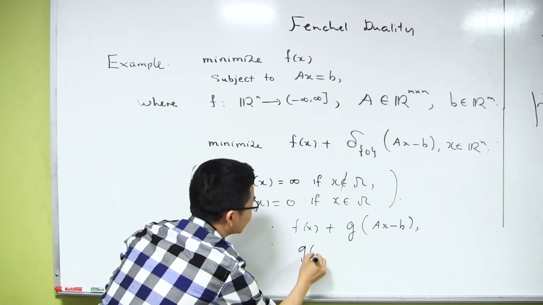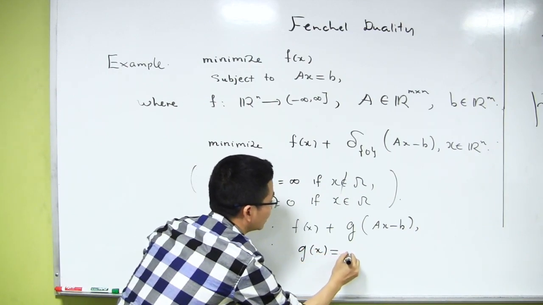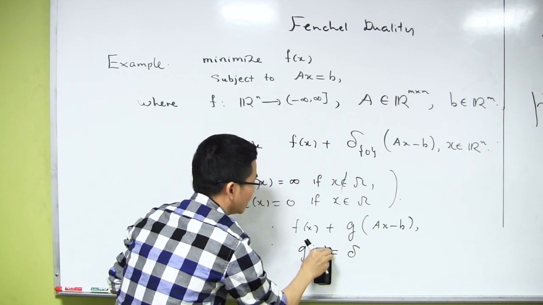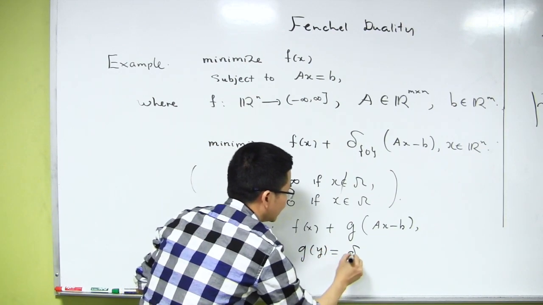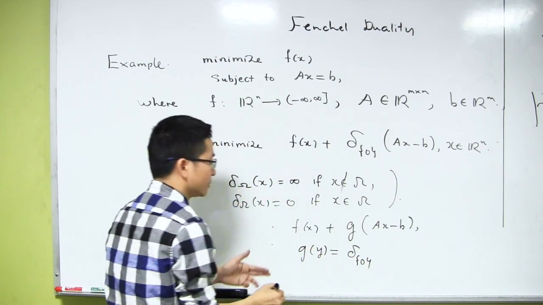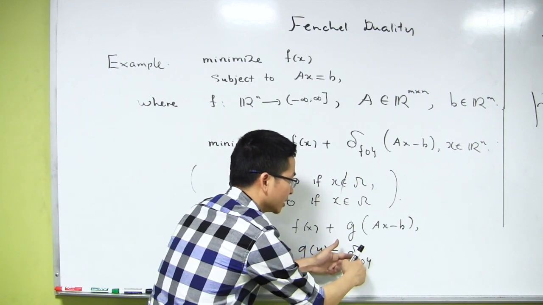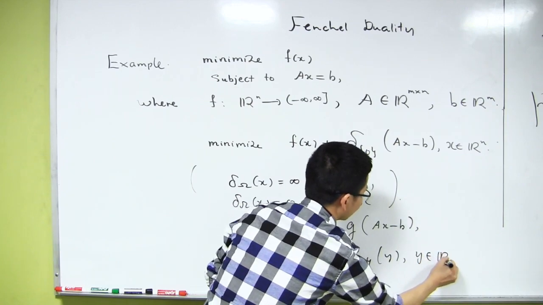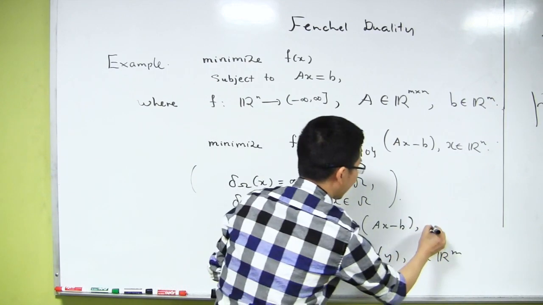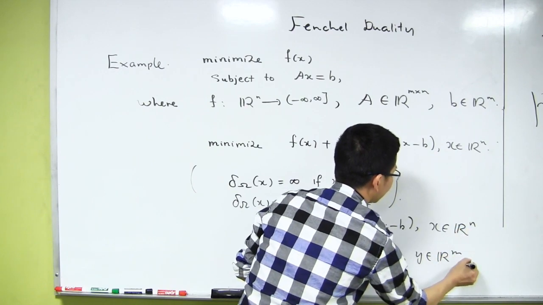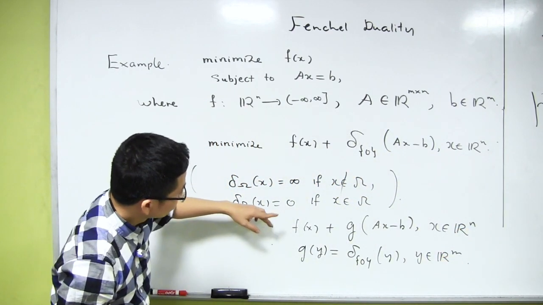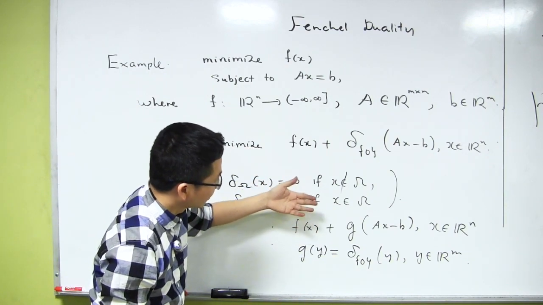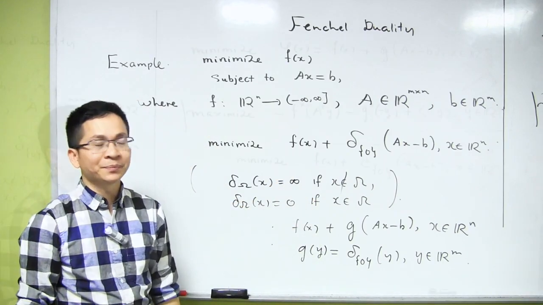Here g of y is the indicator function associated with the set {0} of y, and x here is in Rn. Okay, so now we are ready to formulate the Fenchel dual problem.